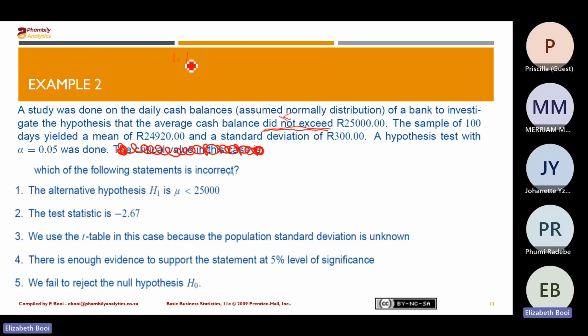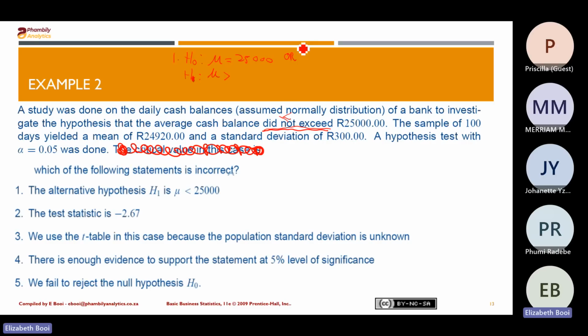So our null hypothesis will state that the mean is 25,000. The alternative will state that the mean is less than, because here we have less than or equal, we're going to change the sign because the alternative hypothesis cannot have an equal sign to it, since this is do not exceed.